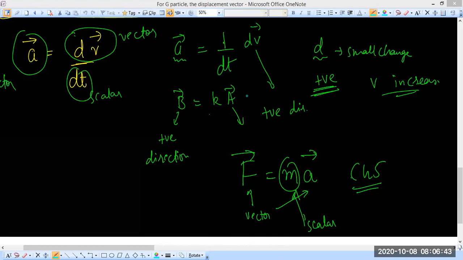Fine. So let's get started with the homework questions. The first question was: maximum and minimum value of resultant of two forces acting at a point are 7 and 3 Newton respectively.